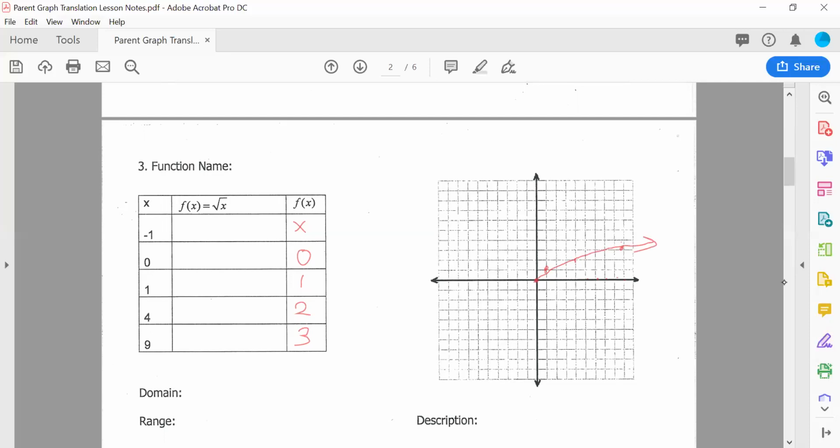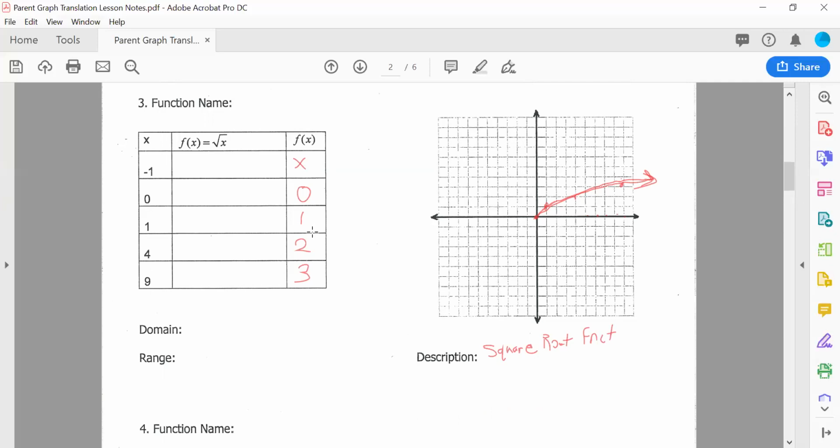And you get what looks like half of a sideways parabola. All right, so this is the square root function. It kind of looks like half of a parabola on its side.